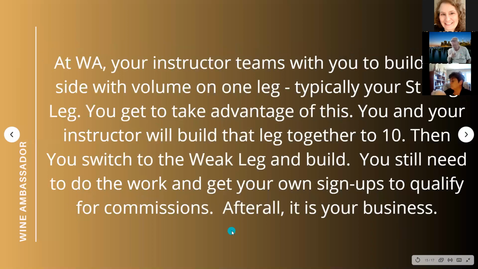So within Wine Ambassador, specifically, we typically want you to build one side of your volume. We call it your strong side. Why? Because we're building underneath you as well. By building it up quicker on the strong side, when you hit 10 people personal on that strong side, now you've got a great foundation going.